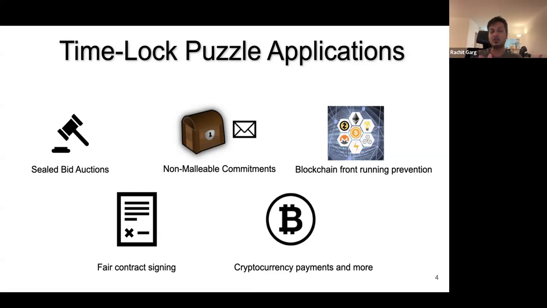So nobody can figure out what the bid is during the bidding phase. But after the bidding phase ends, everybody can open up each of the bids and figure out who won the auction. Similarly, this can be used in preventing blockchain front running, where you can time lock blockchain transactions, and more of these applications.